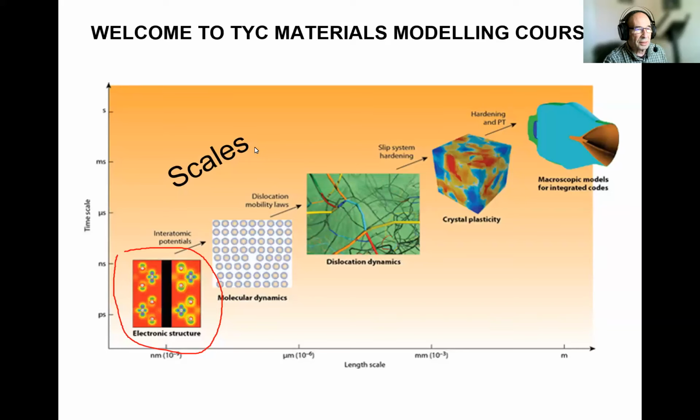Scales are an important part for many of you, because some of you will be doing DFT and doing things on a quantum scale and quantum level, and some of you will be doing classical simulations and maybe some biomolecular simulations which go further up in scale.